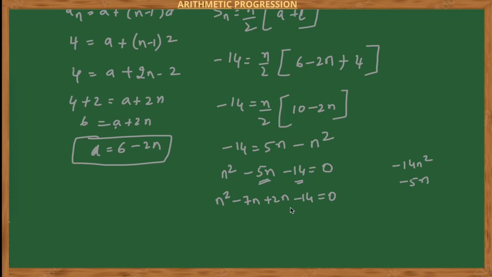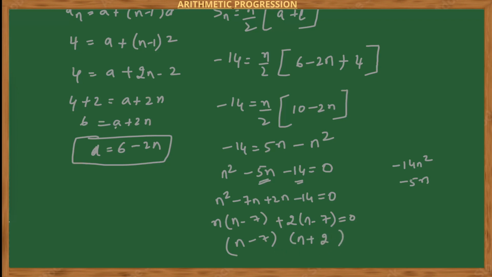So these are the values. Let's bring the common factor out: n, n minus 7, plus 2 is common, n minus 7 is equal to 0. So n minus 7, then n plus 2.